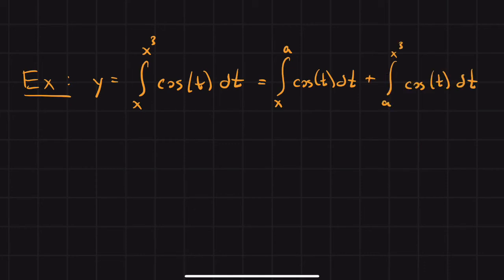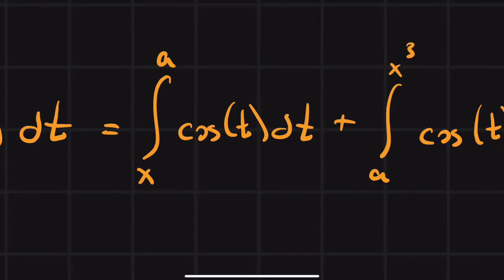And the second integral would pick up where the first one left off at a, and it would continue up until x cubed. So in the original integral, the lower boundary was x, so there's our lower boundary of x. The upper boundary was x cubed, there's our upper boundary of x cubed, and we just created some arbitrary constant in between, called it a, and split it into two different integrals.